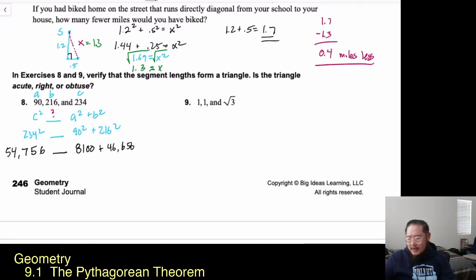When you take 8,100 plus 46,656, you end up with 54,756. And right here, equal, right? Since a squared plus b squared is equal to c squared, that tells me we've got ourselves a right triangle.